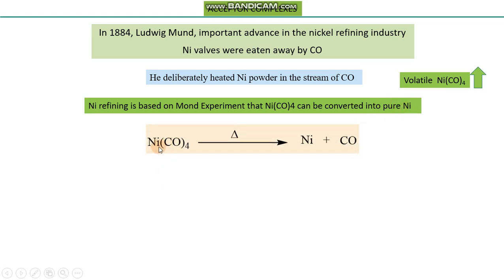This is the general reaction, that whenever nickel was converted into nickel carbonyl, by providing again a certain amount of heat to this complex, nickel and 4 moles of carbon monoxide can be obtained, and this carbon monoxide can now enter back into the process and make other volatile nickel carbonyls, and those nickel carbonyls again will pass through a chamber where heat will be provided, and during that heating, the nickel carbonyl will dissociate to give nickel and carbon monoxide, and after condensation, the nickel in pure form will be obtained and carbon monoxide will be evolved as a gas.